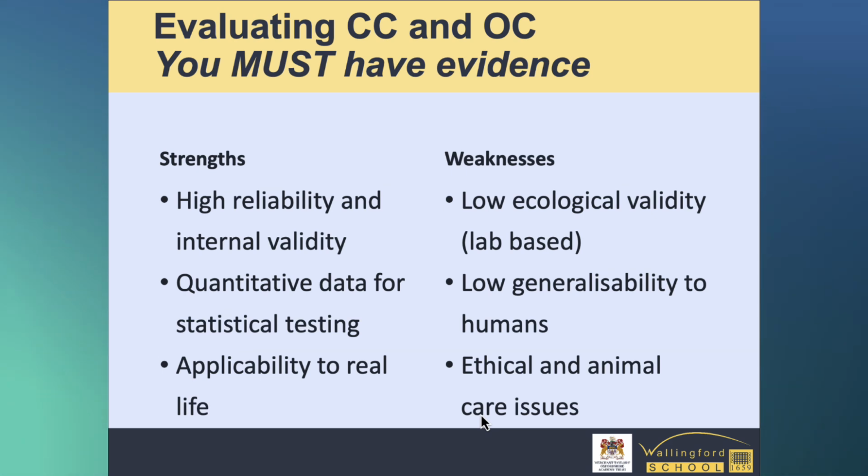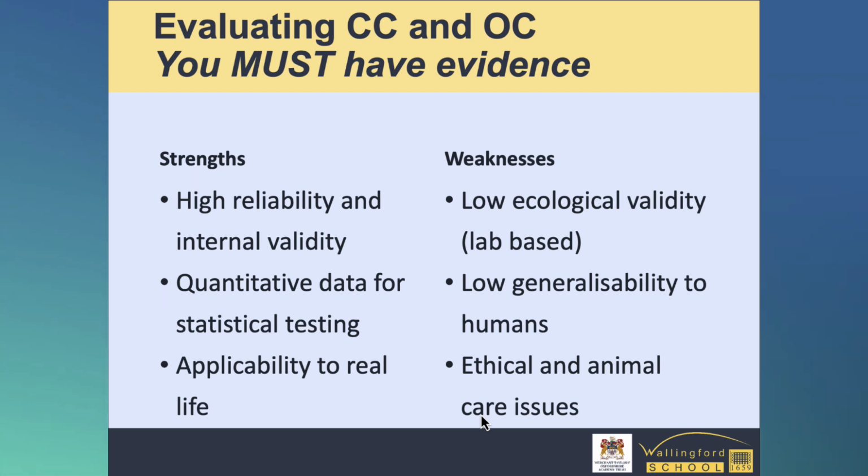The weaknesses are that they're quite often criticized for having low ecological validity. Pavlov's classical conditioning experiments were done on dogs in a lab, and Skinner's experiments on rats and pigeons were again done in a lab-based environment.